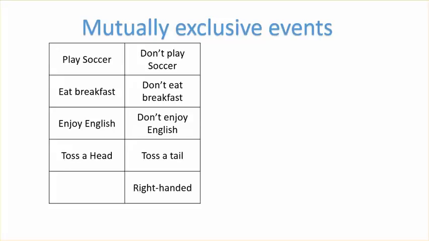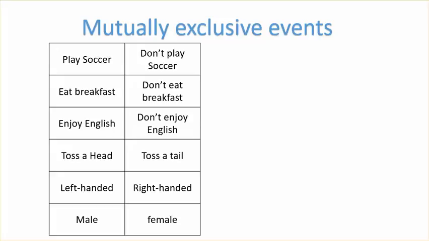You can't be right-handed and left-handed. Now I know some of you are going to try and argue this point, but for this thing here we're saying you can't be both. You can't be male and female. Alright, so that's what these are, mutually exclusive events. You can't be one and the other at the same time.